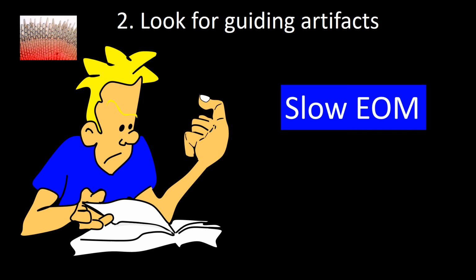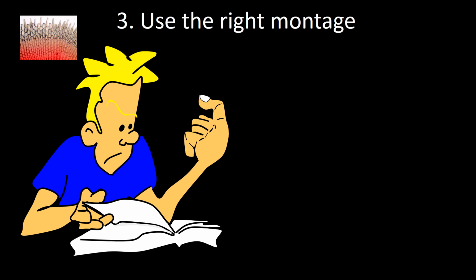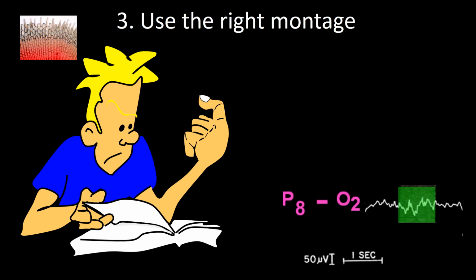As such, when they occur with drowsiness, they are often seen in the presence of slow eye movements. 14 and 6 positive bursts are difficult to see using short distance electrode recordings, as you can see here when using P8-O2 as a derivation.